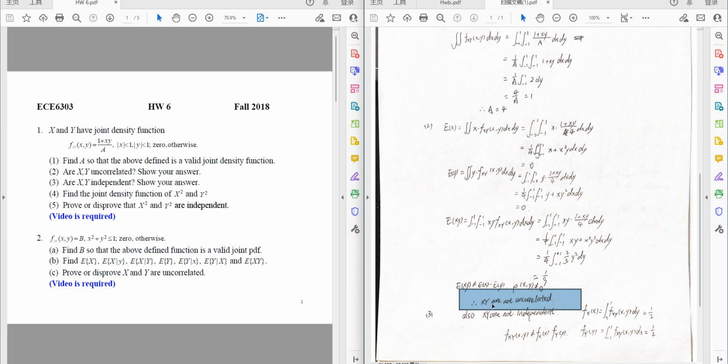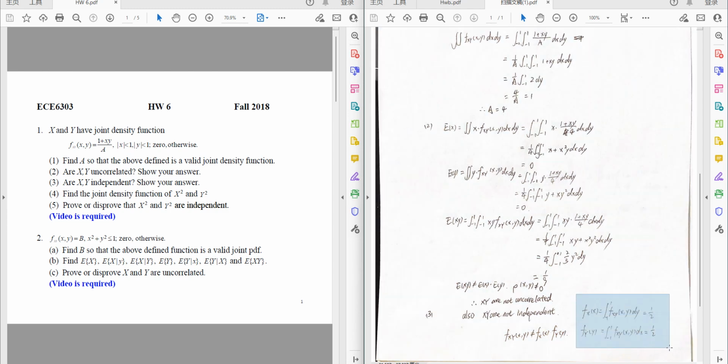Also, if x and y are uncorrelated, they are not independent in most instances, but we actually need to calculate it using the joint density function and the product of the marginal density functions.